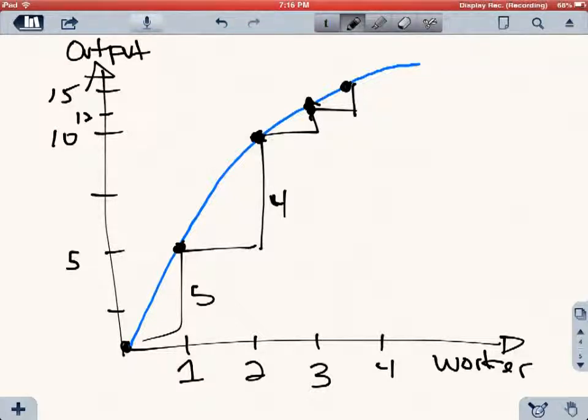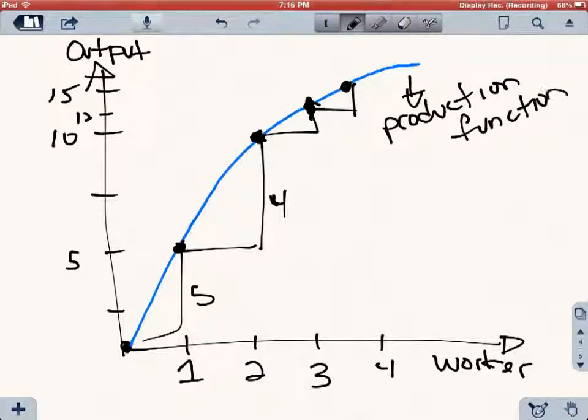So we call this curve the production function. Remember that? What happens is that every time you change a variable input, when one of the inputs is fixed, you're going to exhibit this increasing at a decreasing rate, which is the diminishing marginal returns.